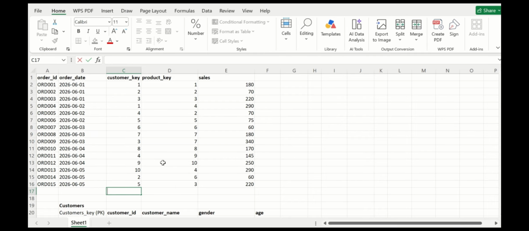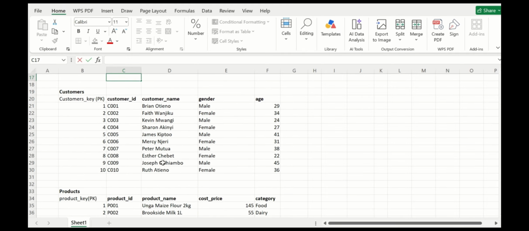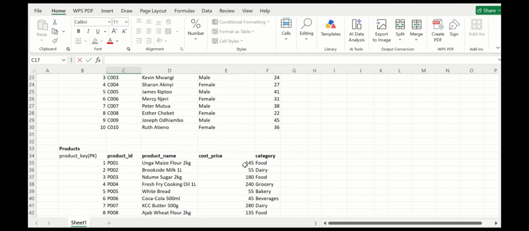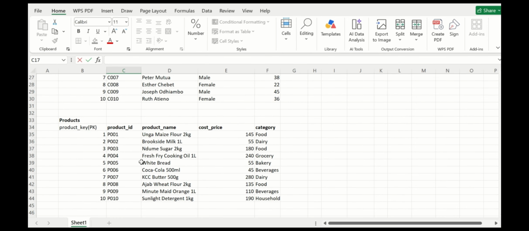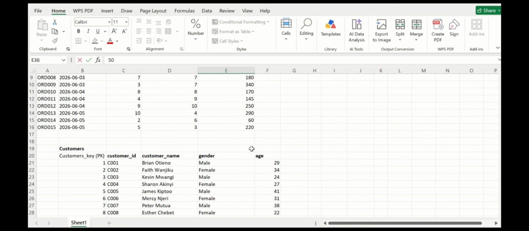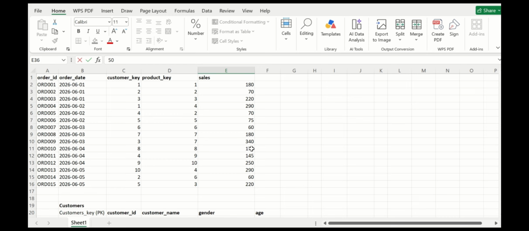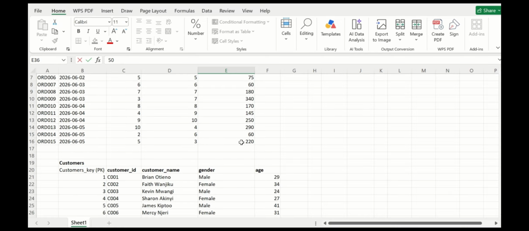So you see, it becomes much easier in case you want to change the cost price of, let's say, Brookside. If it changes, you can simply come here and change it to maybe 50. So now you see it's become faster, easier, and the performance is very good.